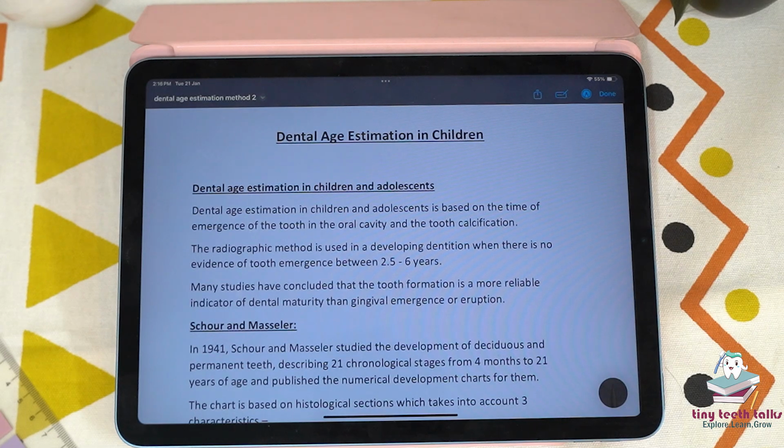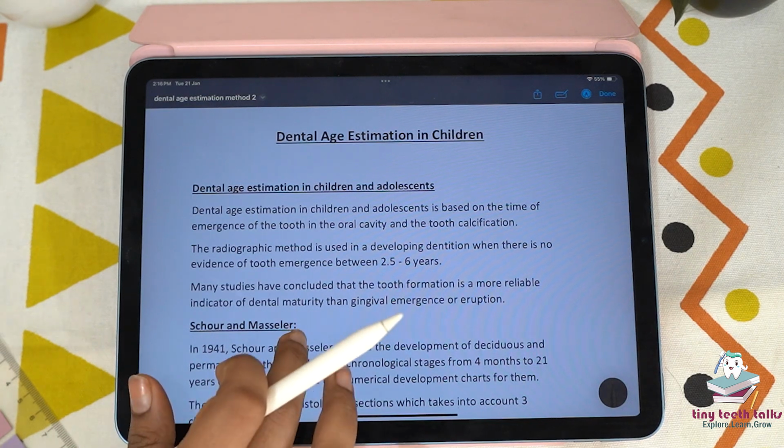Gingival emergence refers to the point when a tooth first becomes visible through the gums. However, it can be influenced by various factors such as genetics, nutrition, and health conditions, making it a less consistent indicator. On the other hand, calcification follows a more consistent and predictable pattern. It provides a more reliable measure of dental maturity and consequently the chronological age of children and adolescents.